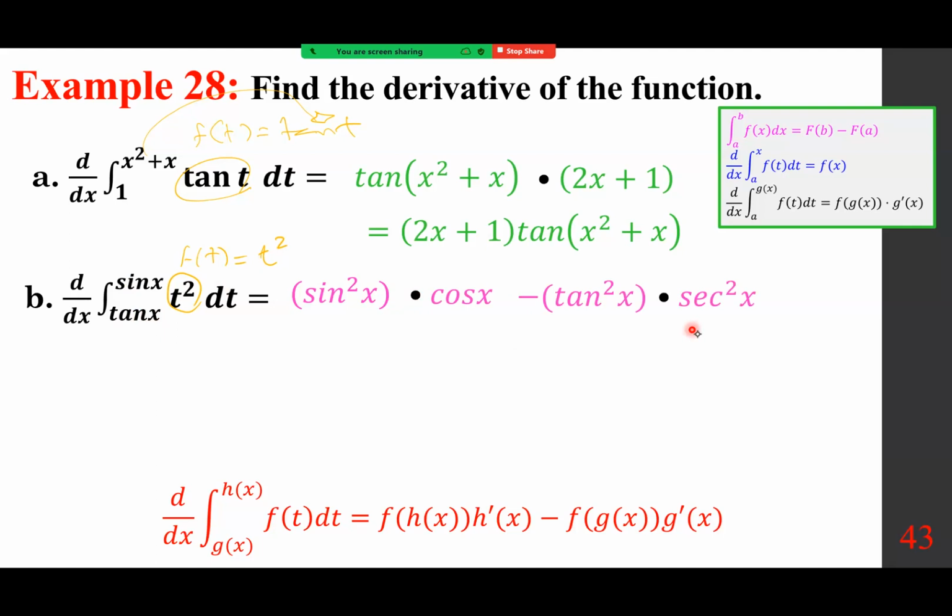And you don't have to move anything, that's good enough. So the final answer is sine squared x cosine x minus tan squared x secant squared. If you want to put the cosine in front, you don't have to. And we are done.